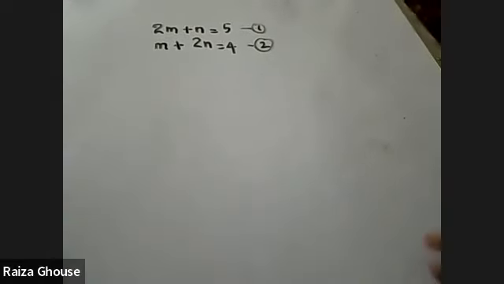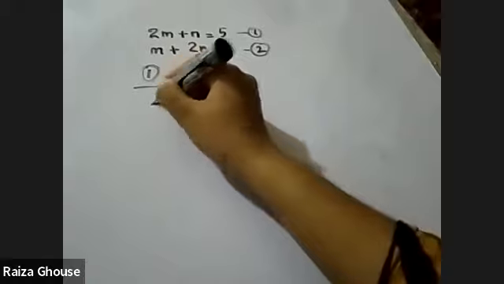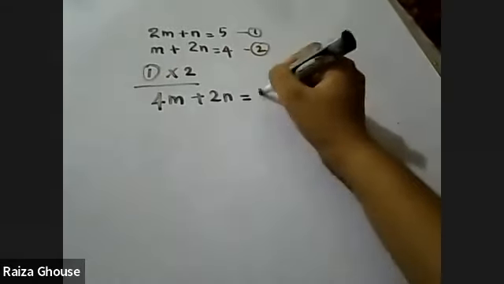You can make it the same coefficient. So I'm going to make 2n. I'm going to multiply my first equation by 2. So 2 into 2, 4m plus 2n equals 5 times 2, 10.